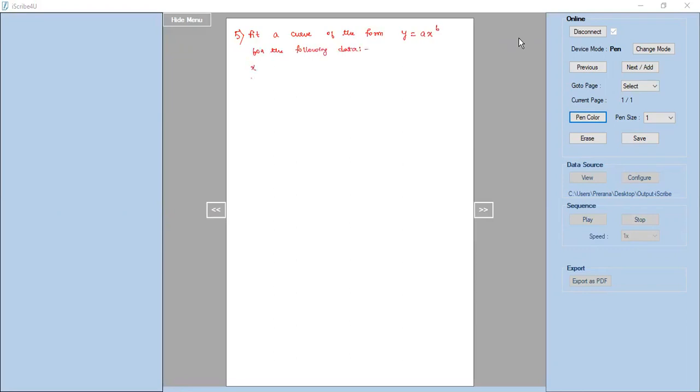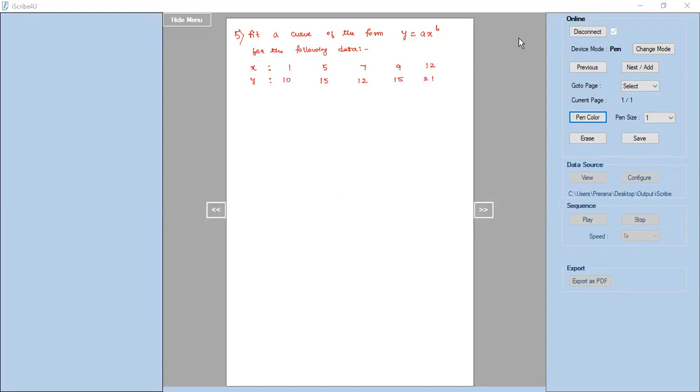The given set of values of x and y are: x values are 1, 5, 7, 9, 12, and respective values of y are 10, 15, 12, 15, 21.